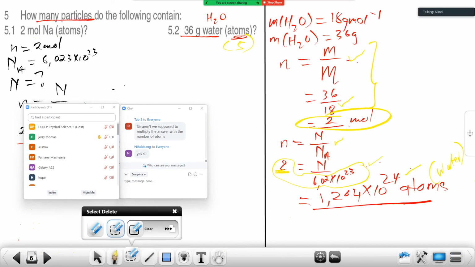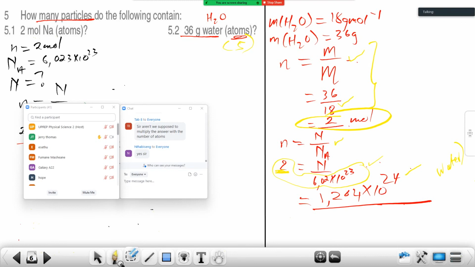Let me correct it for the purpose of understanding. So basically this is water molecules here. Maybe it will make sense if we do that. Then to calculate the atoms, that is what you are going to do. Calculate how many atoms are in water. So we have 3 atoms, so it will be 3 multiplied by the 1,204 multiplied by 10 to 24. So I believe it is clear.